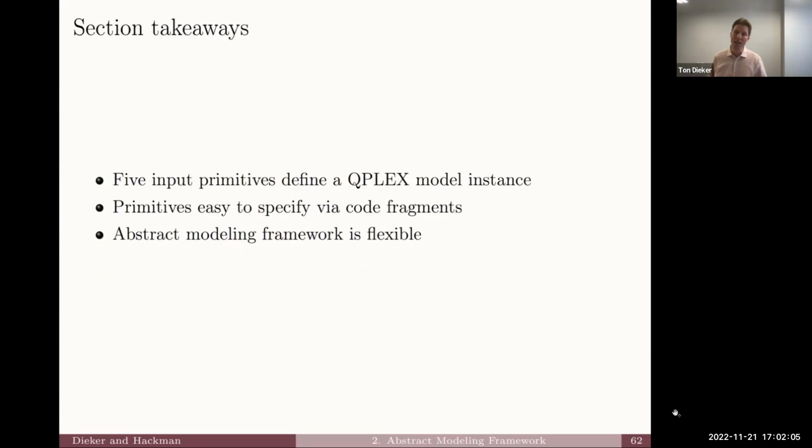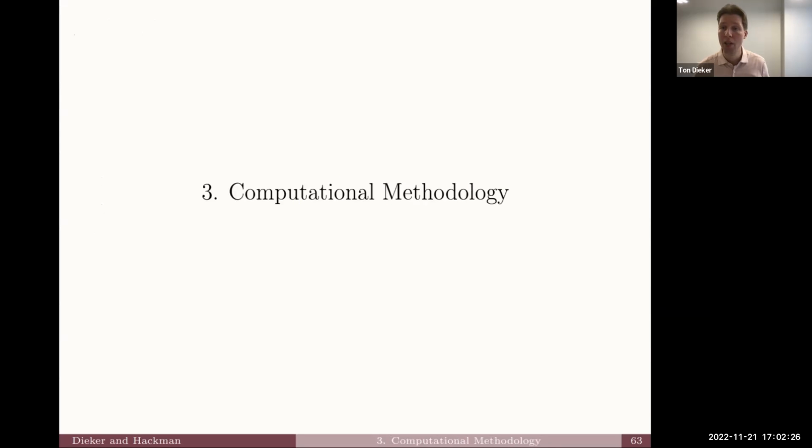So what are the takeaways of this section? We have these 5 primitives, and they specify a model instance. Easy to specify, can handle lots of different systems. Of course, the state space is massive. We haven't solved that problem. So that's the task for the next section.